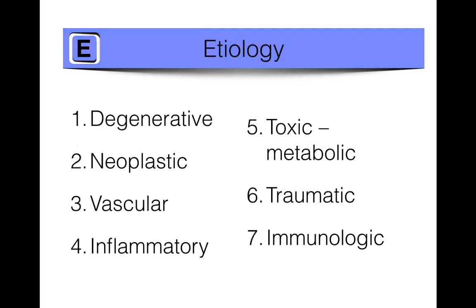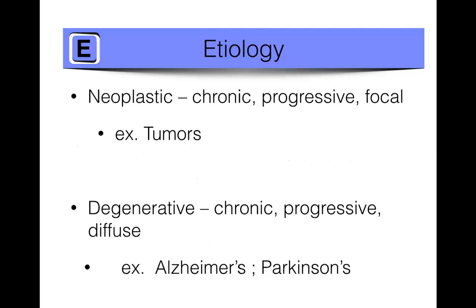Now, finally, in terms of etiology, symptoms can be either degenerative, neoplastic, vascular, inflammatory, toxic metabolic, traumatic, or immunologic. An example of neoplastic lesions are tumors. They are characterized to be chronic. Aside from being chronic, they are progressive, they worsen with time, and they are well defined, so they are said to be focal.